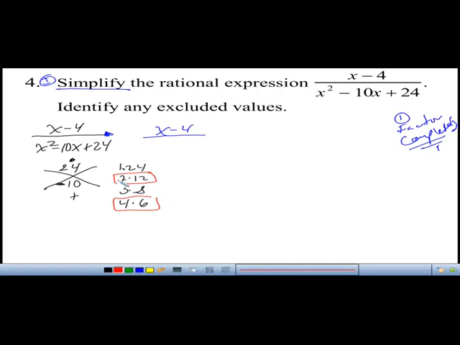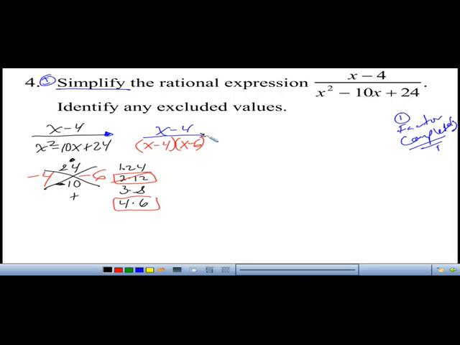Negative 2 and negative 12, that's negative 14, so this cannot be. So let's check this one. Negative 4 times negative 6 is 24. Negative 4 and negative 6, that's negative 10, and yeah, that's it. So we take those and write our factors underneath in the denominator, so that's x minus 4 and x minus 6.